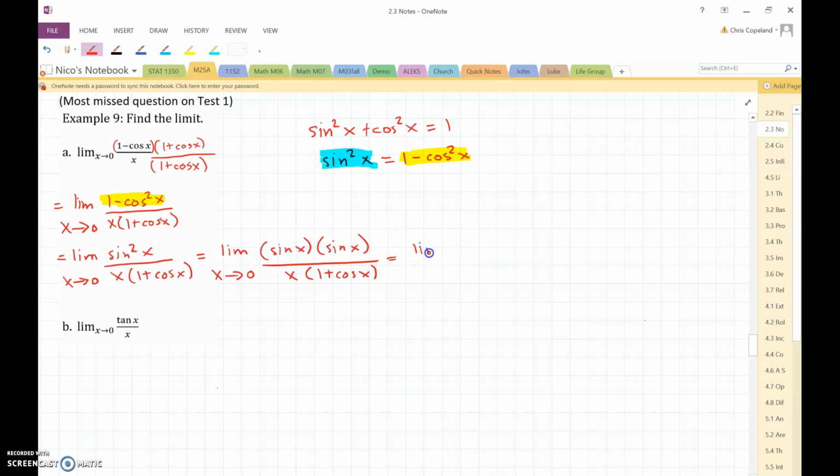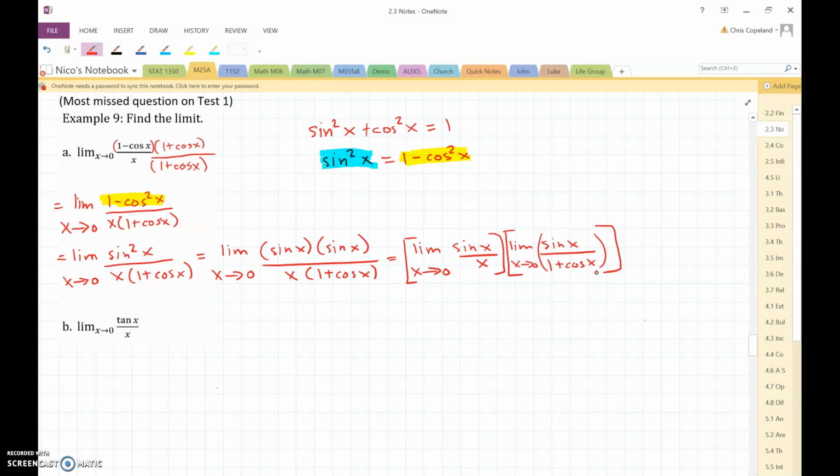You can take the limit of sine x over x as x goes to 0 times the limit of sine of x all over 1 plus cosine x as x approaches 0.